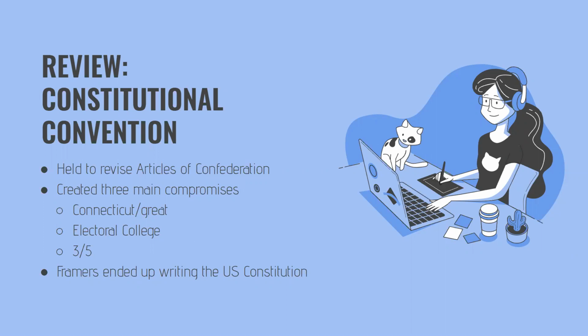The first one being the Connecticut or the Great Compromise, which created a bicameral legislature. Then the second one, the Electoral College, which created a new way to elect the president, and the Three-Fifths Compromise, which basically said 3 out of 5 slaves counted as a person in taxation and representation. And then finally, the framers ended up writing the U.S. Constitution instead of revising the articles.